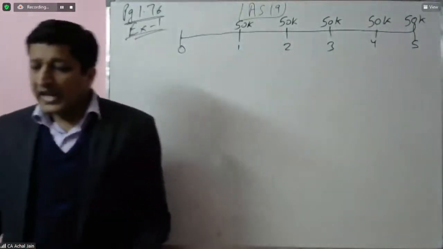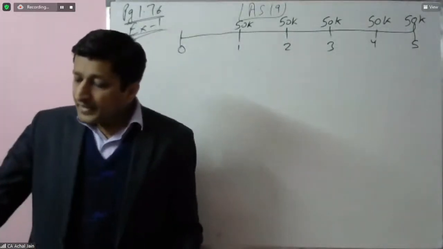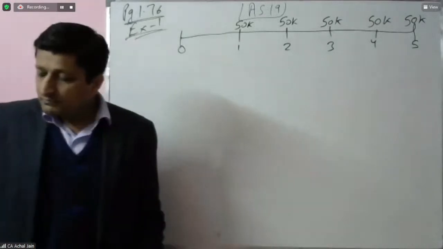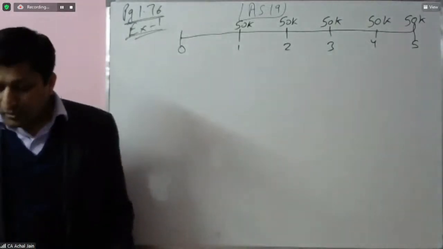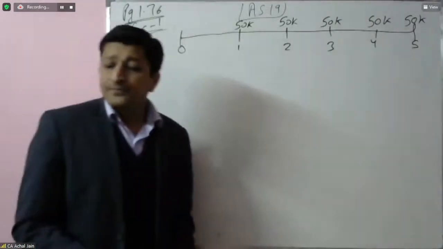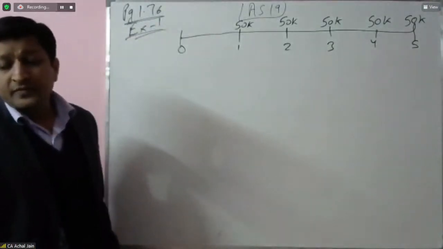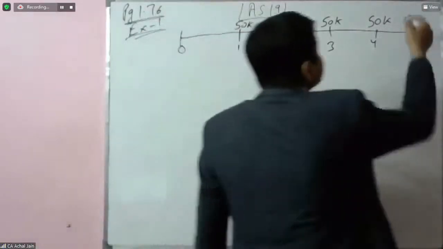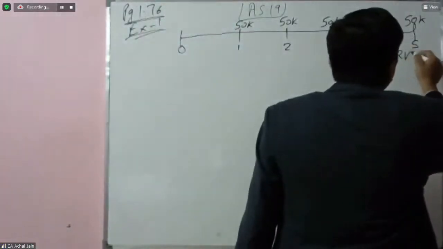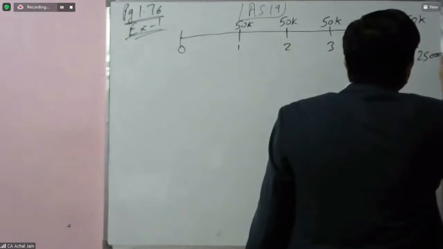Okay, and the guaranteed residual value is also available to us. Unguaranteed residual value is also available to us. 25,000 and 15,000. Guaranteed residual value is 25,000.